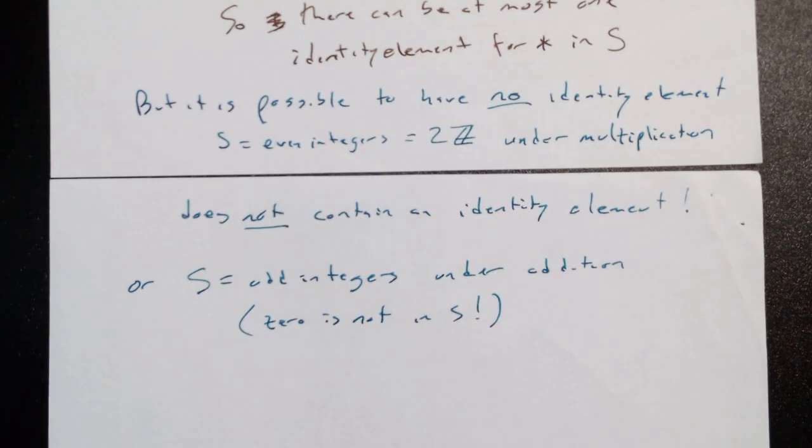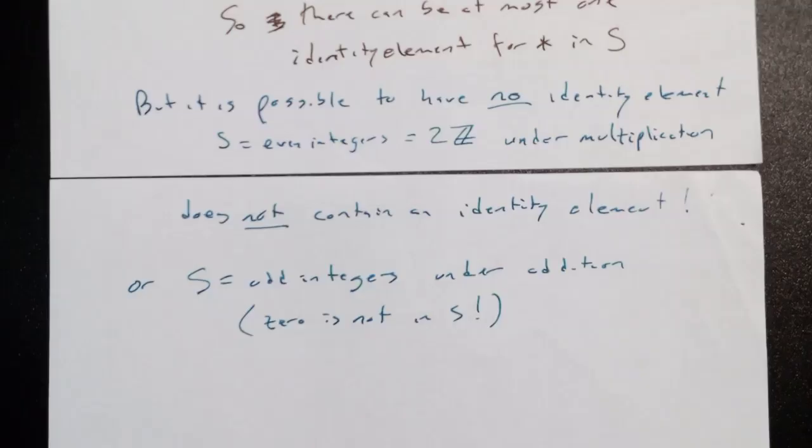So I would like to know if I've got a working idea for an operation, does it have this property of, hey, this operation does have an identity in our set?